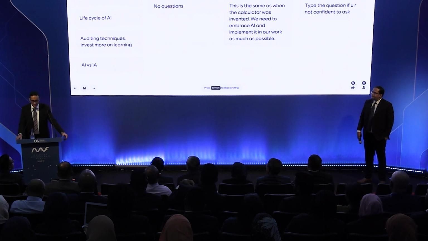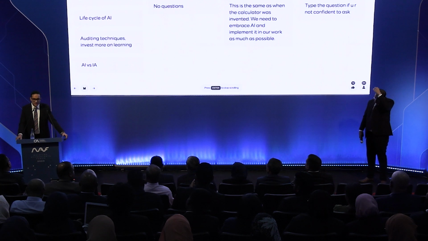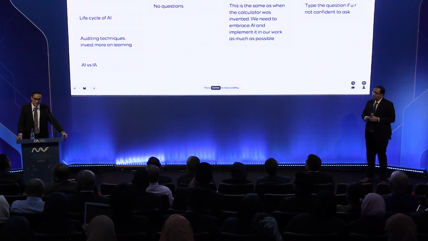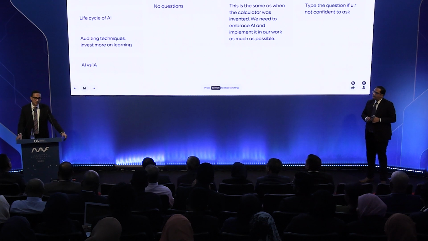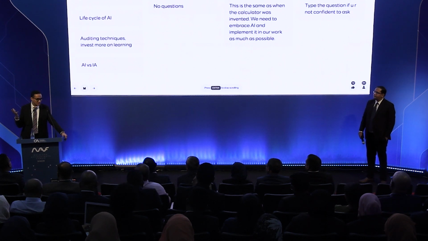Assuming you have an AI system which gave a response, that brings a question to the fore: why did it respond the way it did? One of the directions in which an auditor has to go is to figure out what model it is trained on, because ultimately it's a machine learning model.